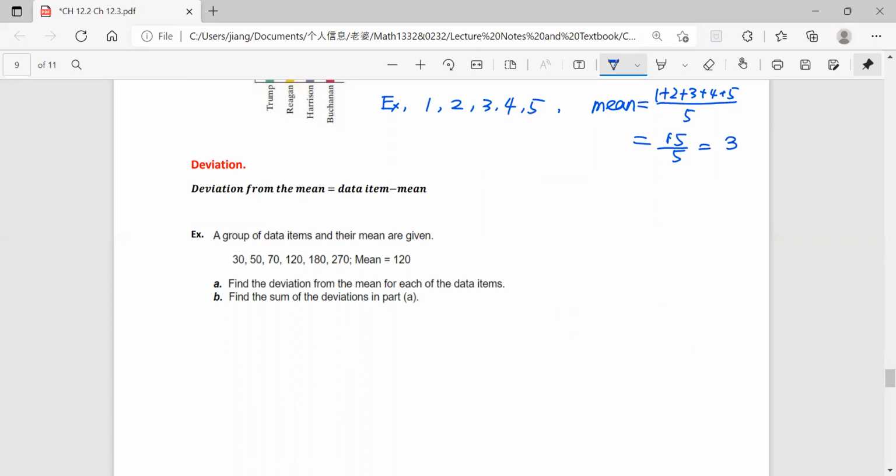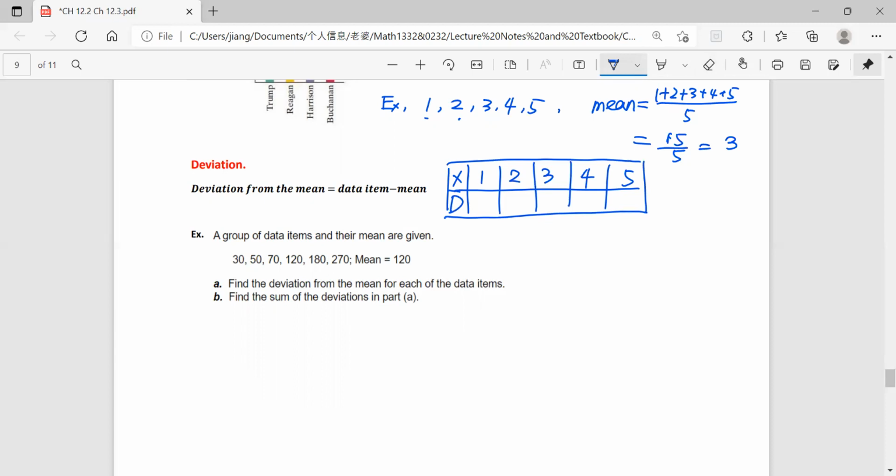And for the deviation of each item, I can list them in a table. The first line is my data items. The X represents each of the data: the first one is 1, second one is 2, 3, 4, 5. And the next line is deviation.